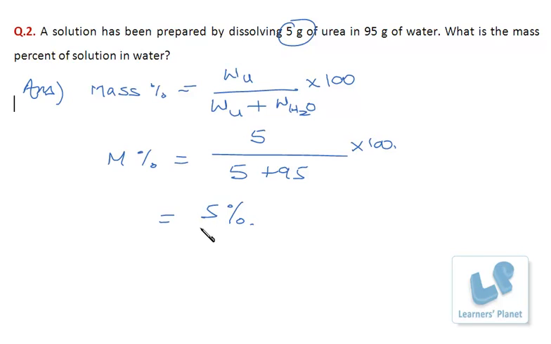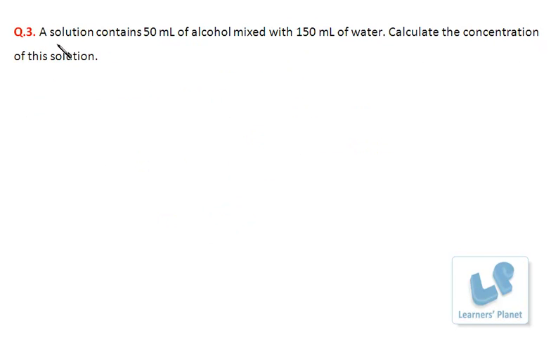Let's take up one more question. The question says that a solution contains 50 ml of alcohol mixed with 150 ml of water. Calculate the concentration of this solution. How will we calculate? Here both are liquids, so we have to calculate the volume percent. Now what is the volume percent?